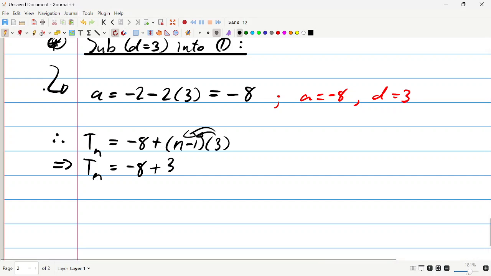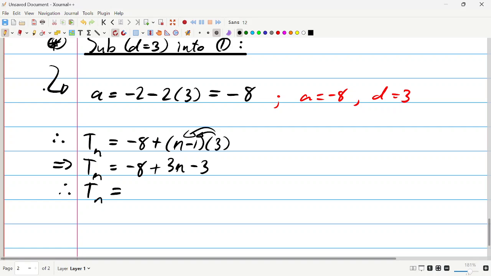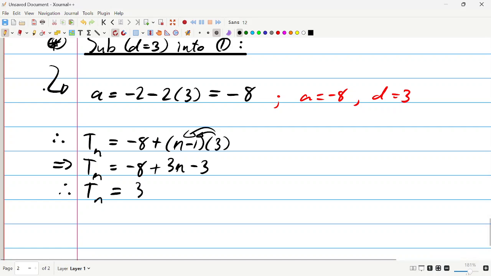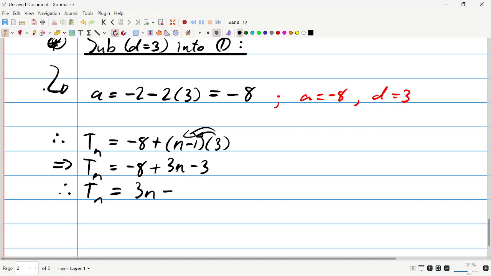So it's going to be 3n minus 3, and therefore you can also say that Tn is equal to minus 8 minus 3, which is just minus 11. So therefore, the final answer could be 3n minus 11.